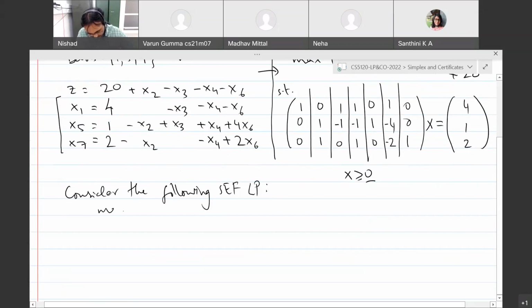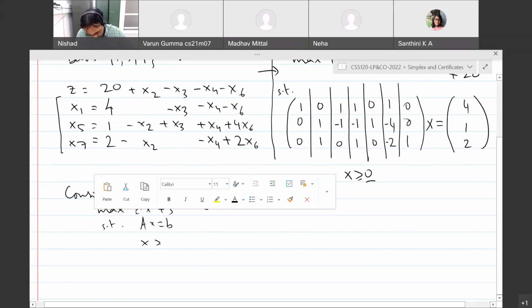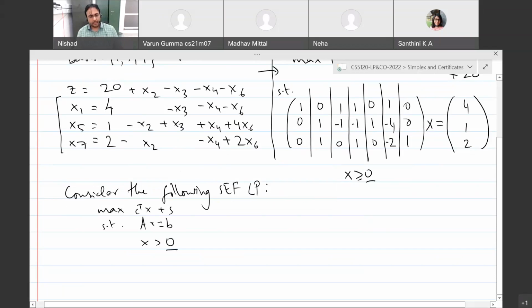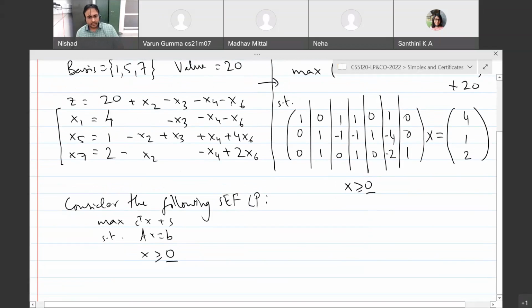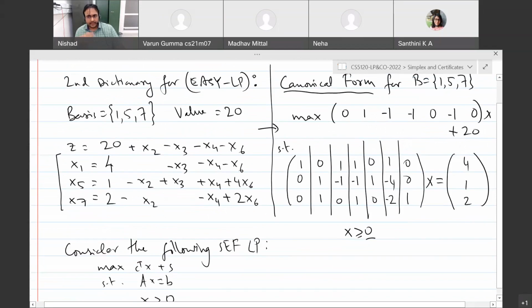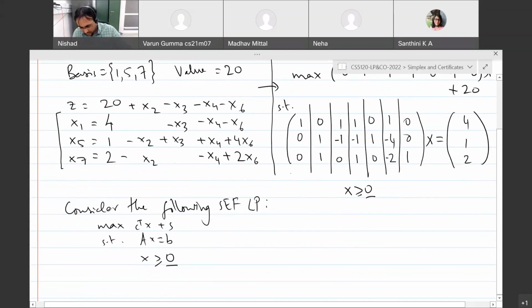Maximize c transpose x plus s subject to Ax equal to b and x at least 0. We are going to say that this LP is in canonical form for the basis v if it satisfies certain properties that we have been using throughout in our discussion in the last 2 lectures.